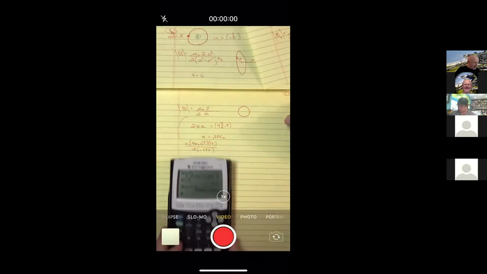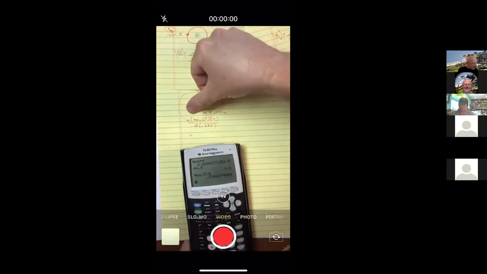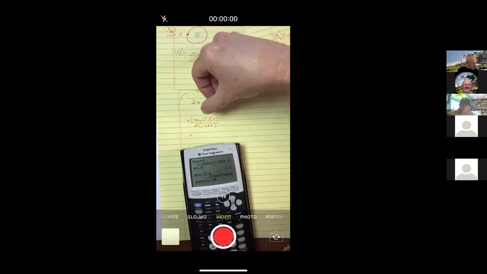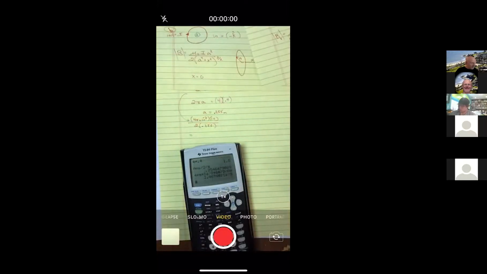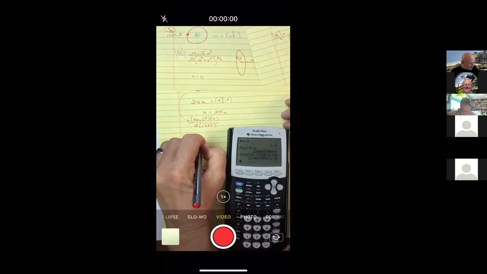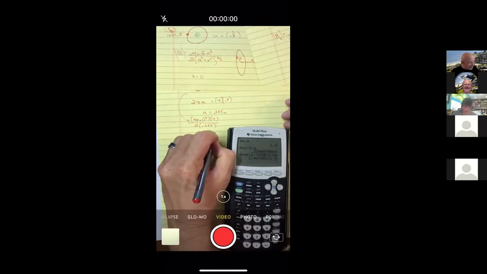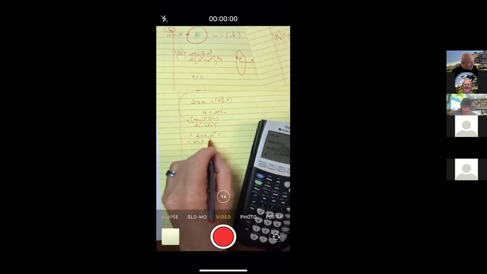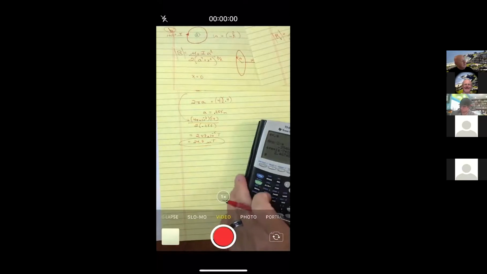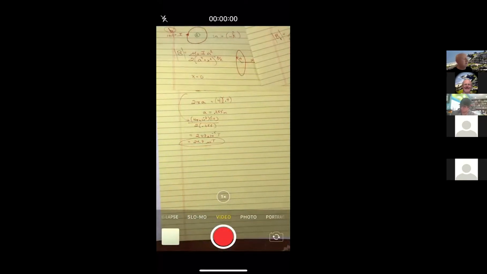So putting those into my calculator, I have 4 times pi times 1 times 10 to the negative 7 across the top, then times the 10, and divide by the 2, and then divide by my last answer, and I get 2.47 times 10 to the negative 5 Tesla, which I could write as 24.7 times 10 to the minus 6, a micro Tesla. So 24.7 micro Teslas would be the answer for B, I hope.